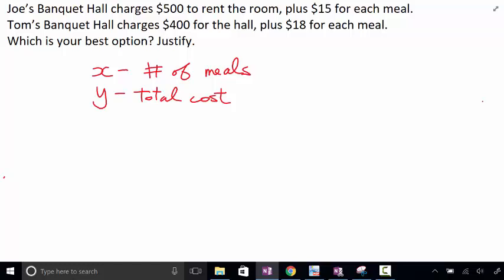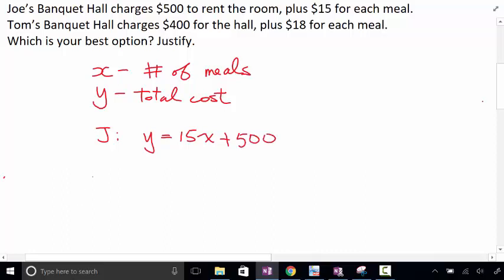So let's make our equations. Joe's banquet hall, what is that going to be? Y equals 15x plus 500.